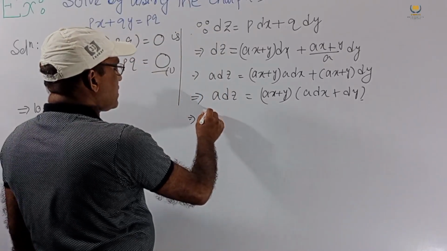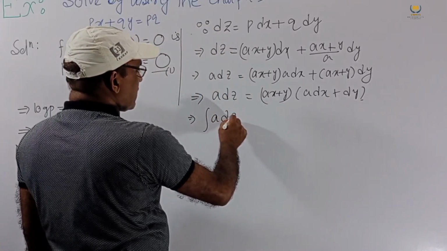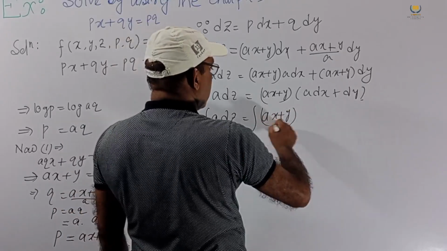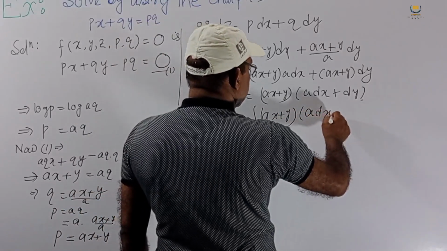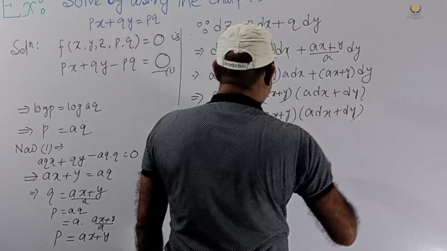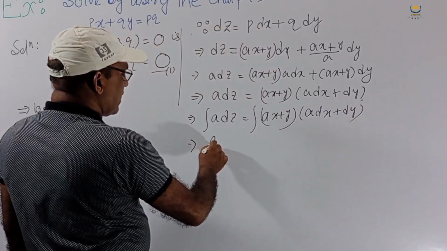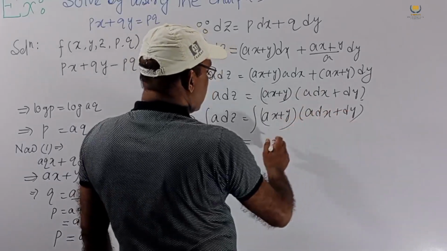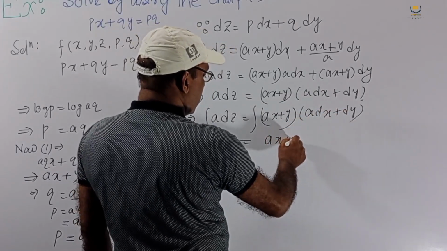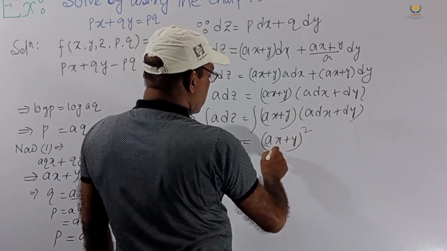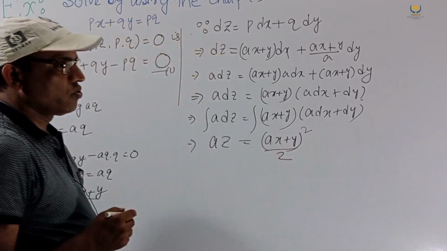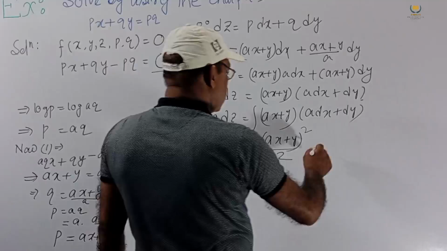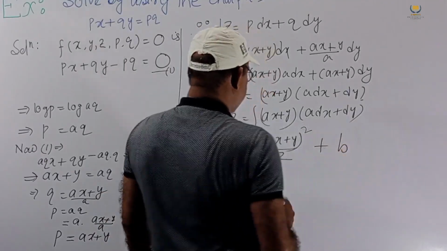We integrate both sides: a dz equals (ax plus y)(a dx plus dy). If we integrate, this is a constant, az, and this derivative given here is (ax plus y) whole square by 2, plus another constant b.